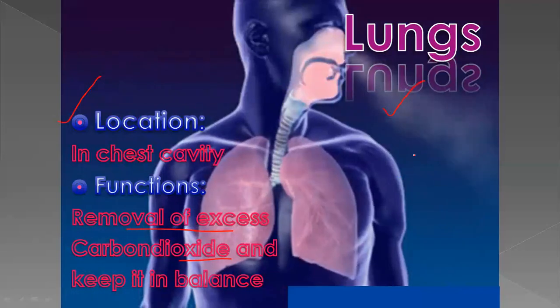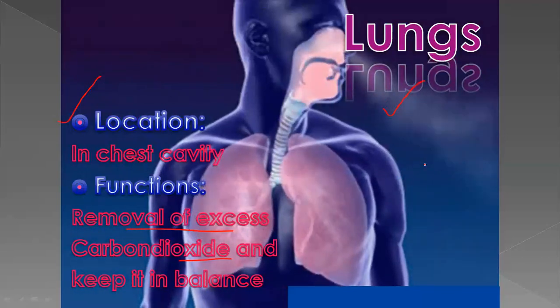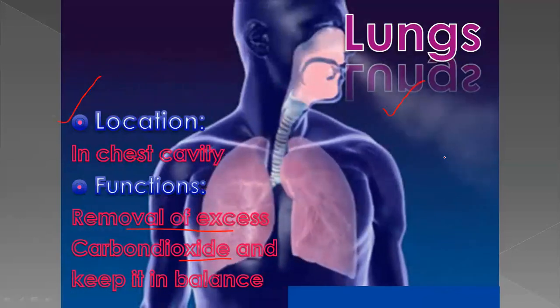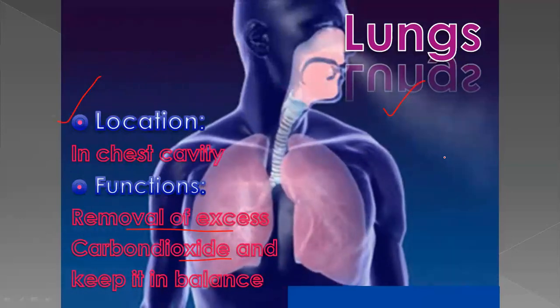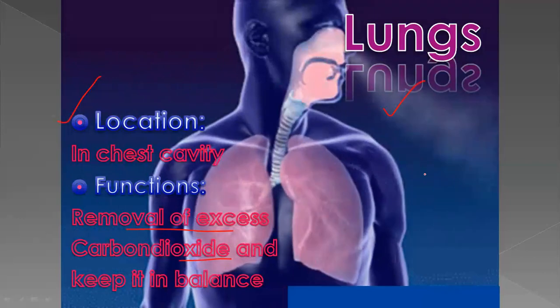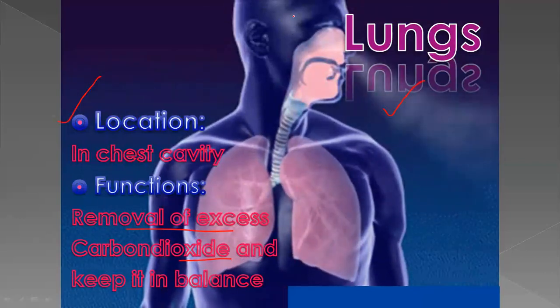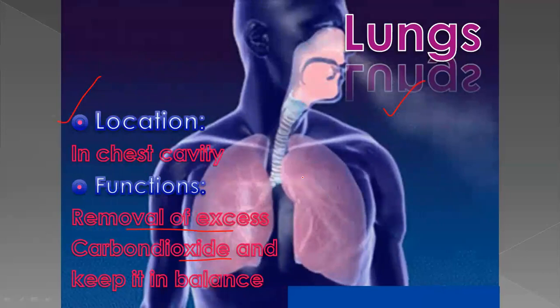We have seen that our breathing center in the brain is very sensitive to the concentration of carbon dioxide. So when carbon dioxide in our body increases, it gives messages to our brain, then all the functions are done, and carbon dioxide is excreted out, then we inhale oxygen.